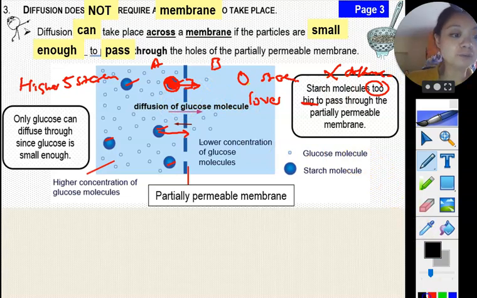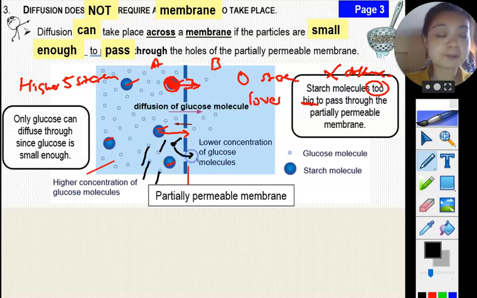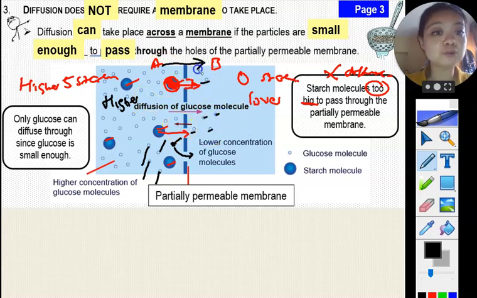However, if you look at the glucose molecules here, which are your smaller molecules, what do you notice about the size of the glucose molecules? Are they small enough to be able to pass through? The answer is yes. And since side A also has a higher concentration of glucose, while side B only has 1, 2, 3, 4, 5, obviously glucose will move from A to B. And why can glucose move?